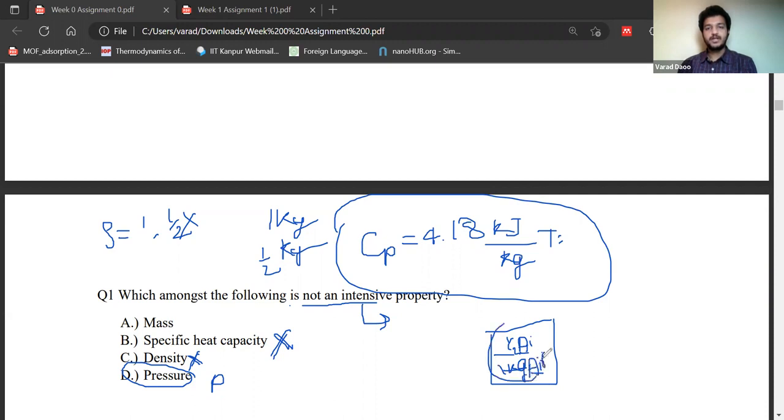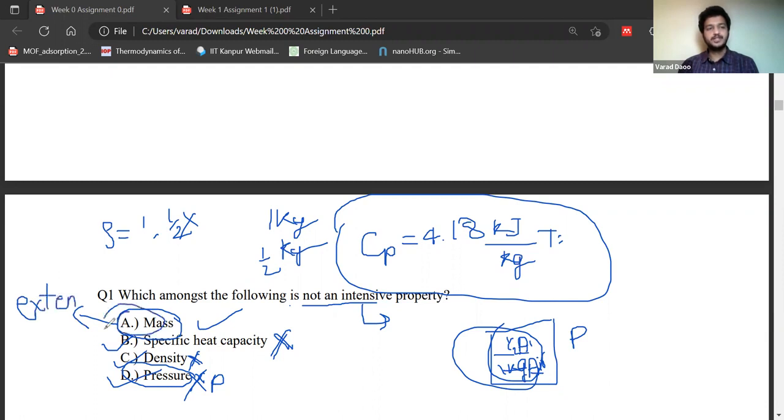It doesn't matter what the amount is, the pressure is always going to be the same value. So this also doesn't depend on mass, but mass depends on itself, right? That is why this is an intensive property, this is an intensive property, this is an intensive property, but this, mass, is an extensive property, right?